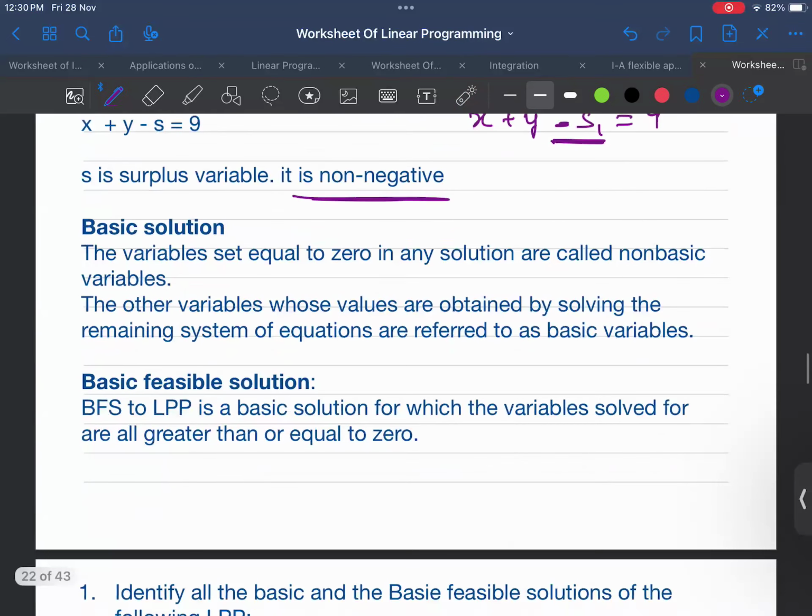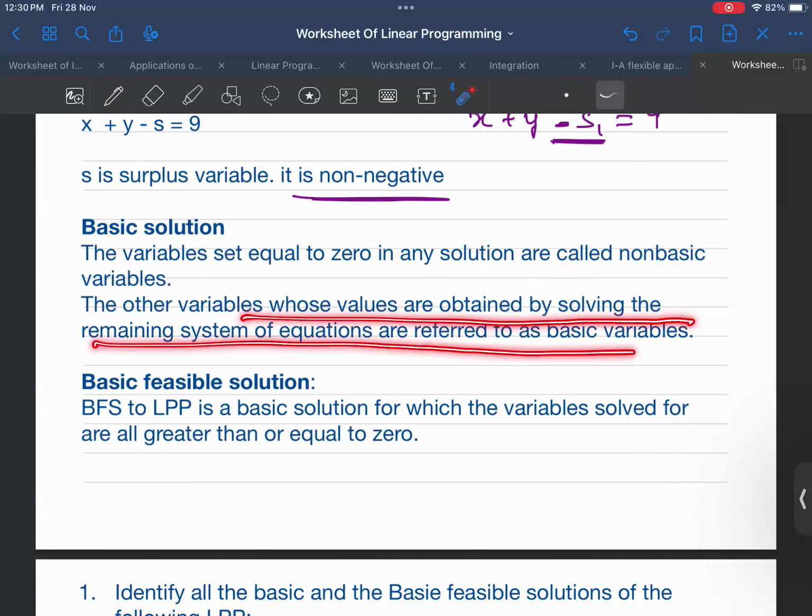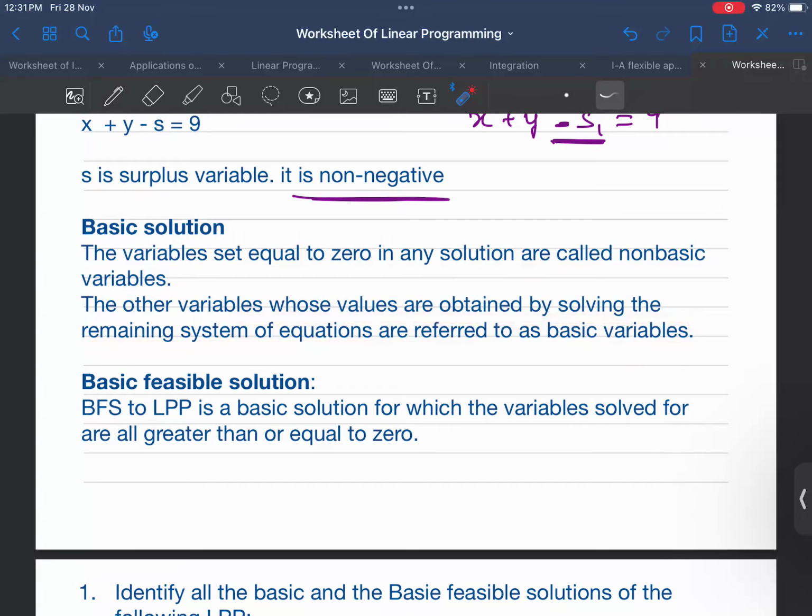Now, basic solutions. Another concept is a basic solution. The variables set to 0 in any solution are called non-basic variables. The other variables whose values are obtained by solving the remaining system of equations are known as basic variables.